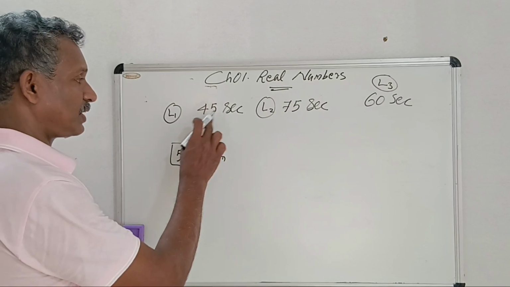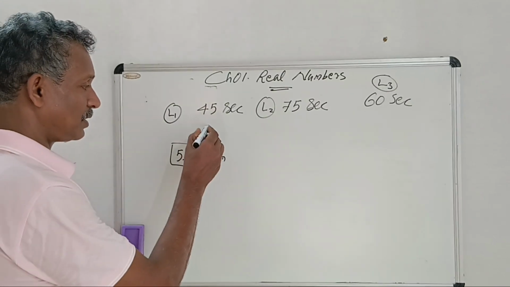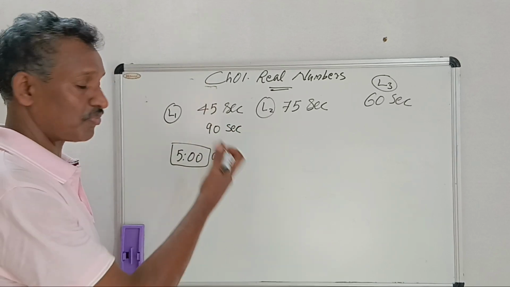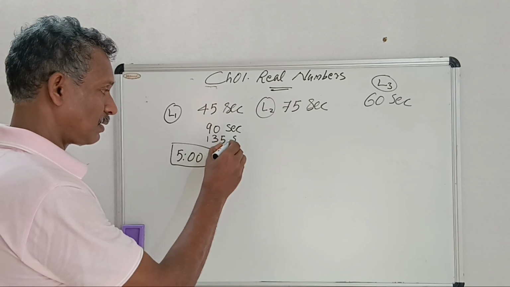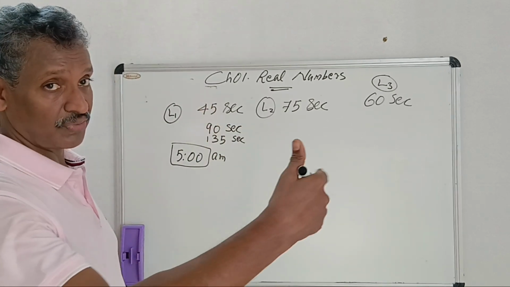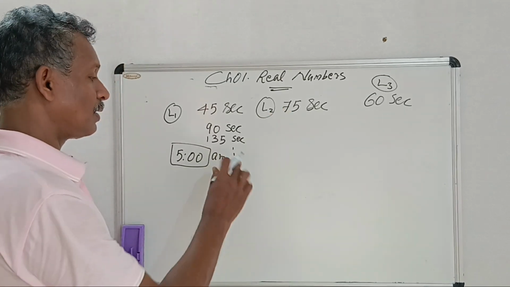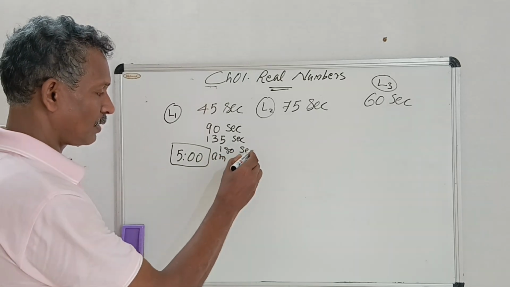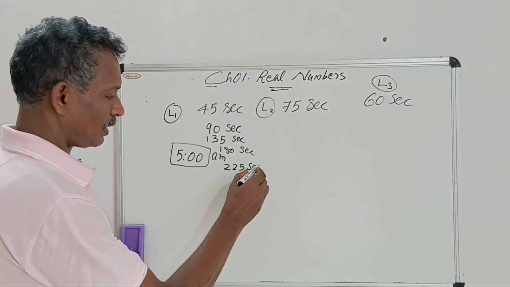So 45 seconds it is lighting, the first light. Then after that it will light at 90 seconds. That means after one more 45 seconds, and then 135 seconds, like that, because when the light is lighting after every 45 it becomes a multiple of 45, it goes on. And then it is 180 seconds, then it comes 225 seconds, it goes on.